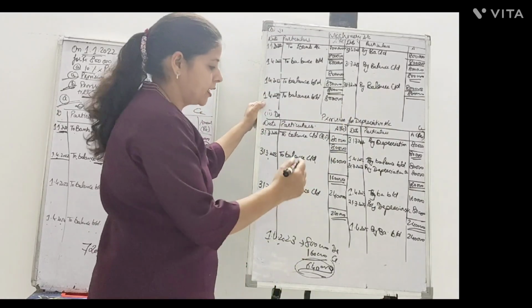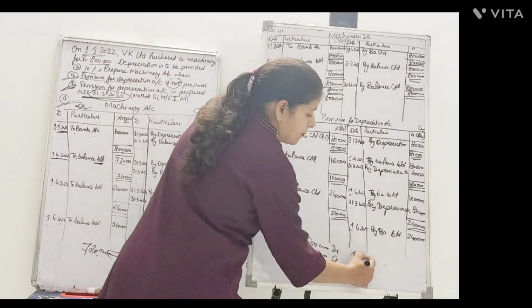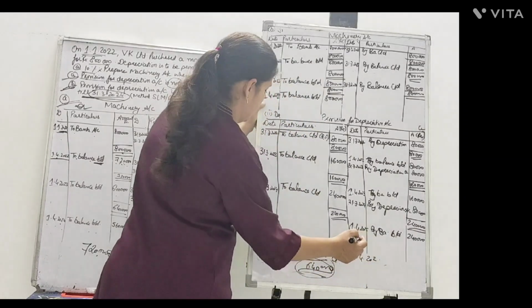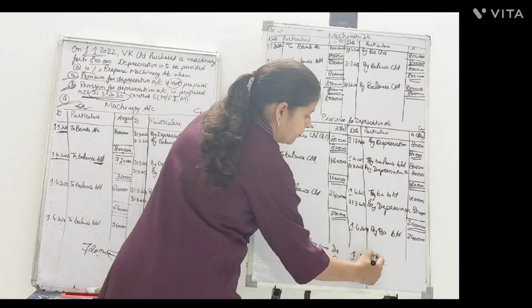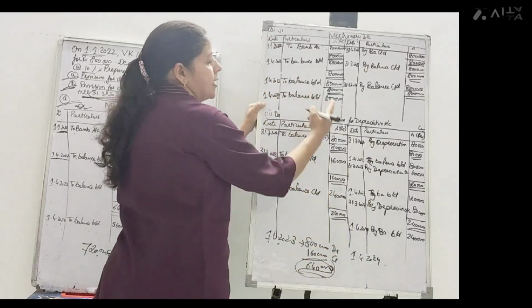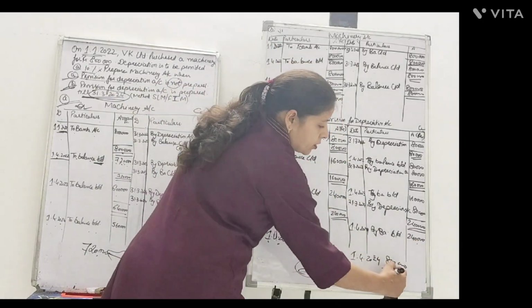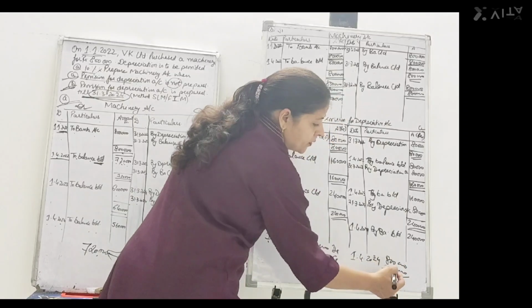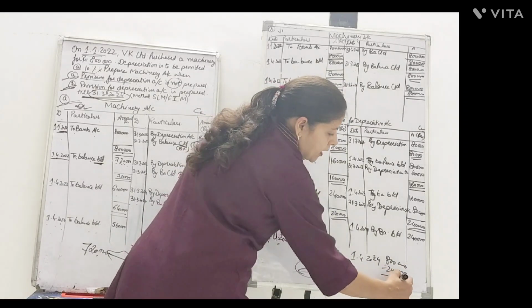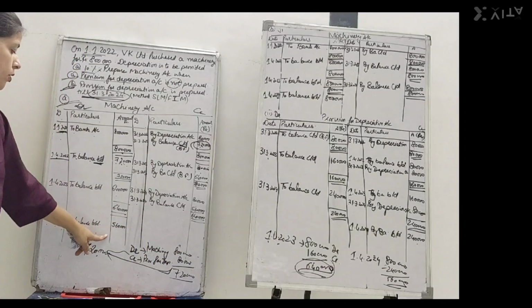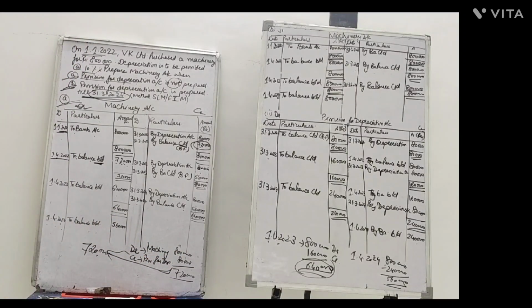Now let's check again. As on 1st of April 2025, the machinery balance is 8 lakh, and what is the provision for depreciation? 2,40,000. So what should be the balance of the account? That is 5,60,000 rupees. See in your machinery account, normal account, this is 5,60,000 rupees.